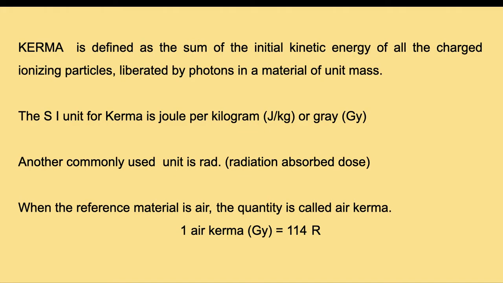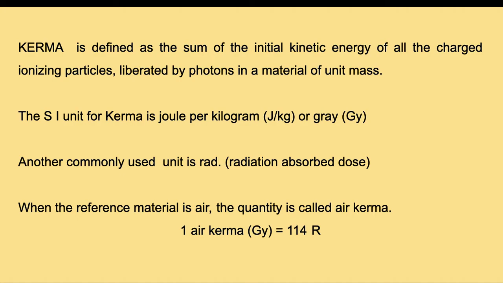That means when these X-rays and gamma rays are passing through a unit mass, they will be giving their energy to protons and electrons, and they will be emitted with a particular kinetic energy. So the initial kinetic energy of all the charged ionizing particles, you have to sum them, and it is known as Kerma.